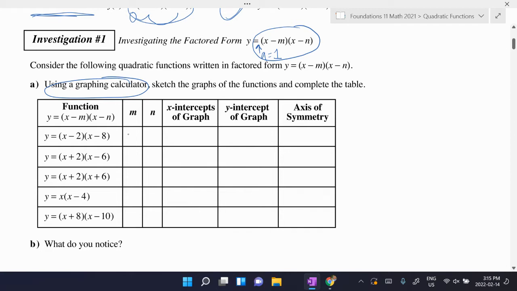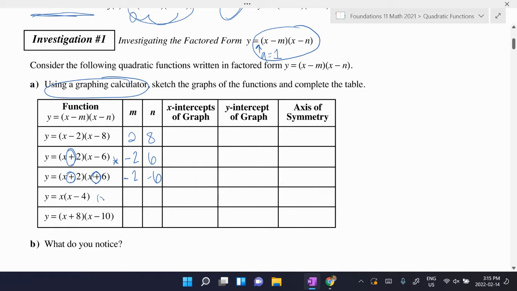In this case, your m is 2, your n is 8. In this case, you have a positive here, which means your m is negative 2, and your n is 6. We have positive and positive, so we have negative 2 and negative 6. This one, there's nothing, so that's x.